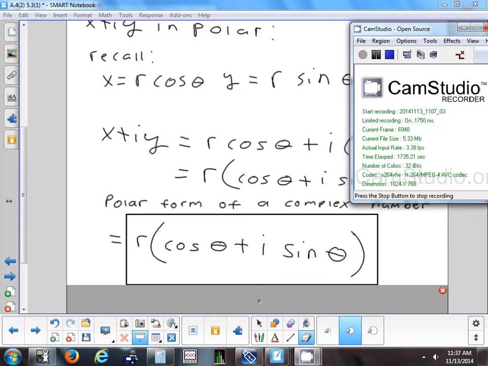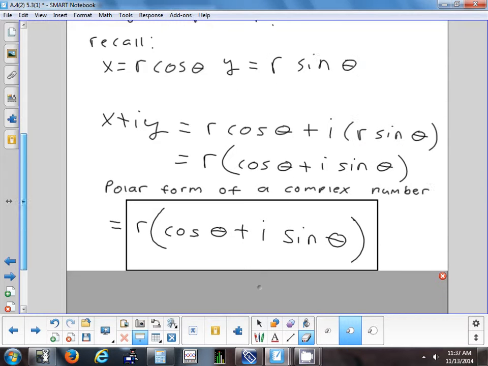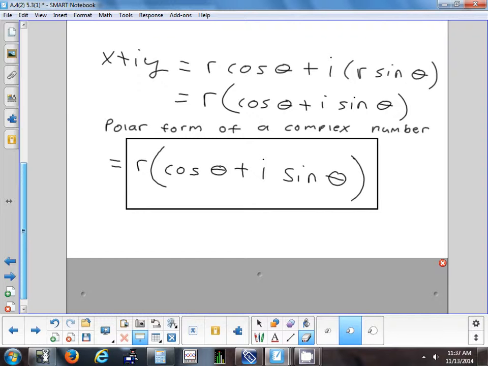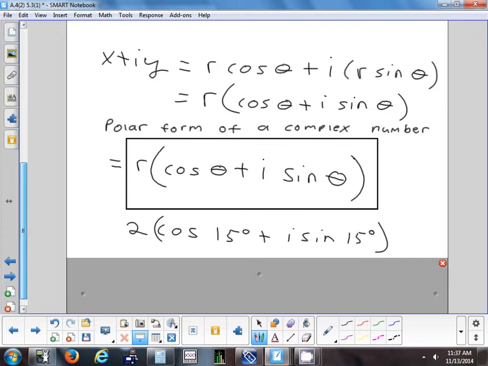Okay, and that's all you have to do. You find r, you find theta, and you just put them in. You don't have to simplify anything. So here's an example of what a complex number in polar could look like. 2 cosine 15 degrees plus i sine 15.